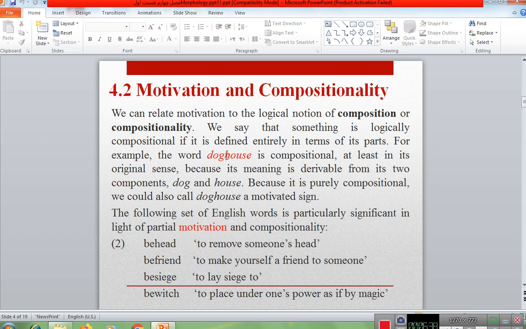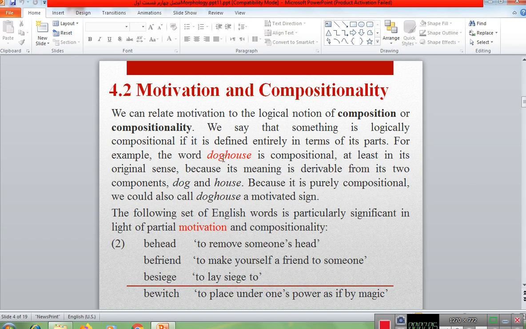But in the expression, for example, in the doghouse, meaning in a state of disfavor, the word is not compositional, since there is nothing in particular about doghouses that suggests that an occupant of one should be in disfavor.